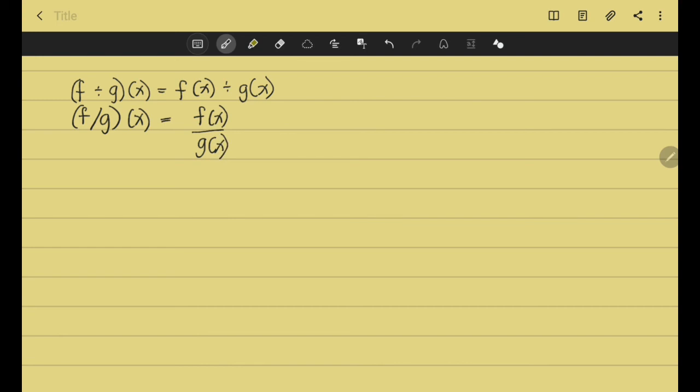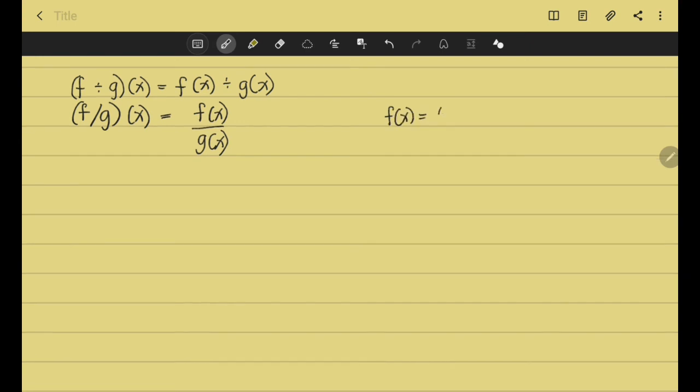So let us have the two functions as f of x is equal to 2x squared plus 9x minus 5 and our g of x is 2x minus 1. Let us find the quotient of these two functions. So first step is to substitute the values of f of x and g of x. So we have 2x squared plus 9x minus 5 all over 2x minus 1.